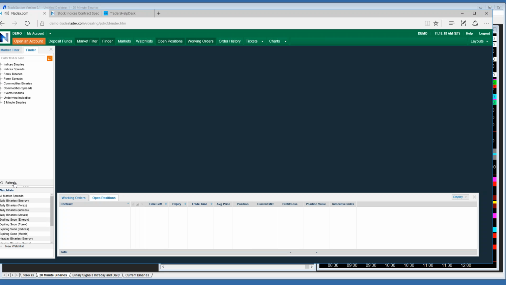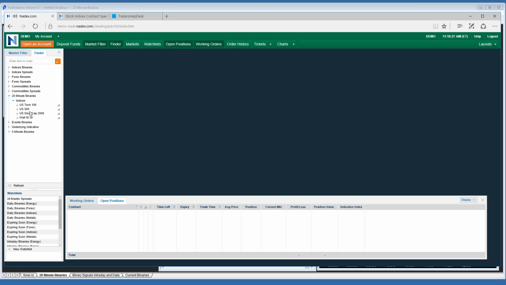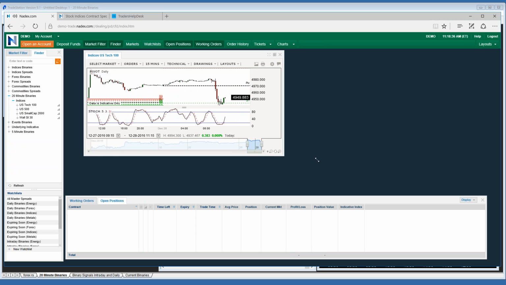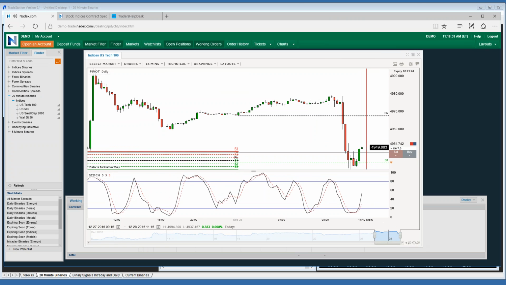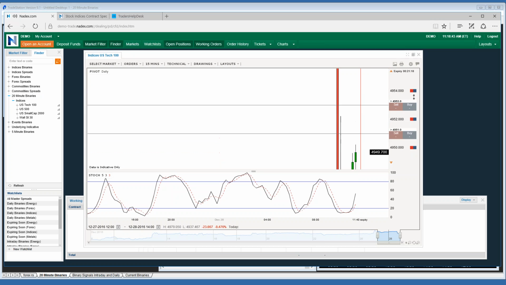So let's go and look at some 20 minutes. And this is on the NASDAQ. And I'll show you what I mean about strike width as well. Okay, from this strike to this strike is 2 points at the moment.